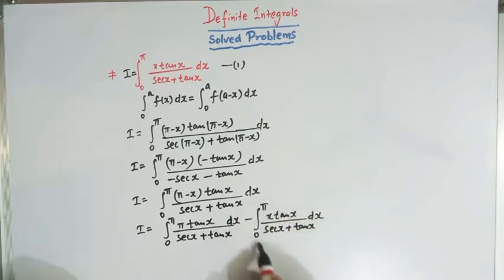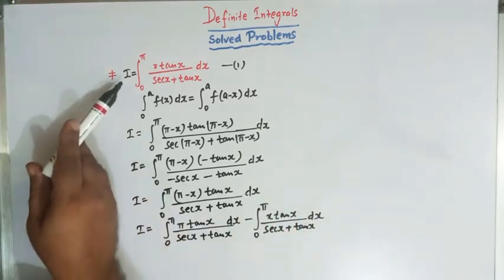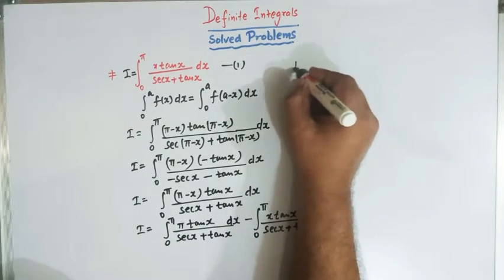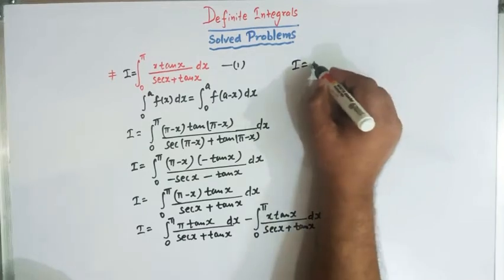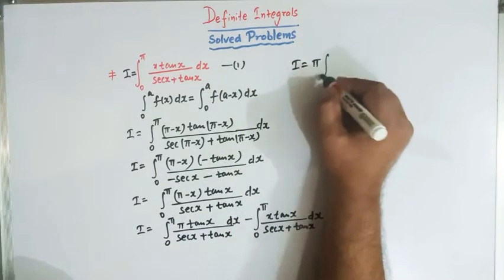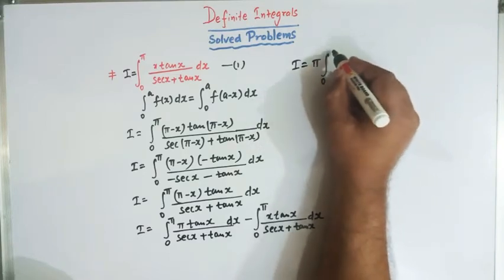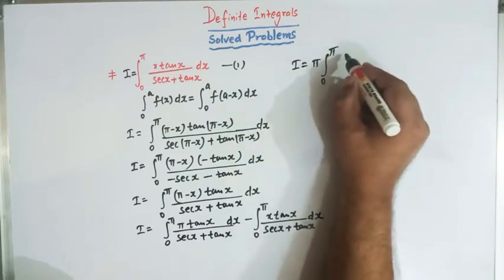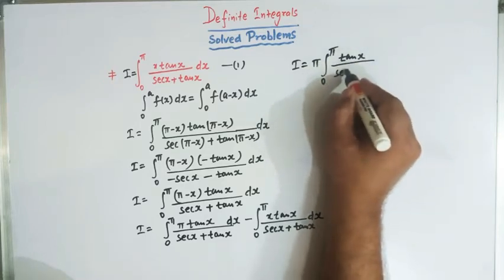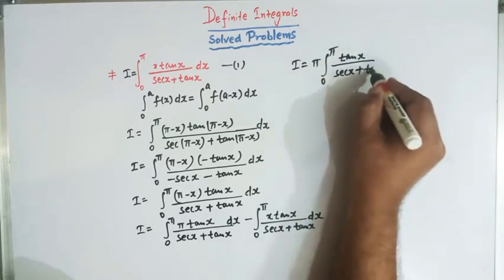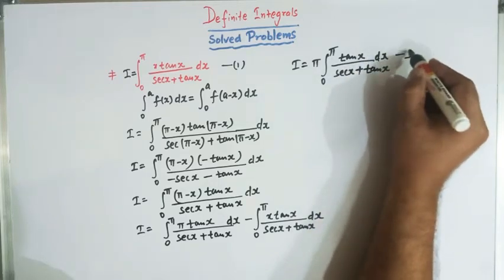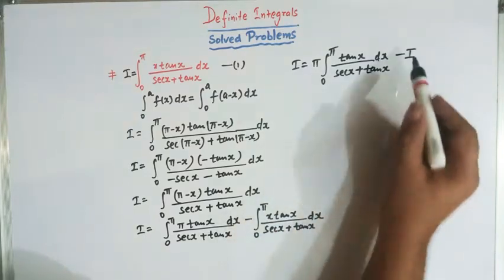Now this second integral is I, so this equation can be written as I is equal to pi, taking pi out of the integral, the integral from 0 to pi of tan x over sec x plus tan x dx, minus this integral, which becomes I.